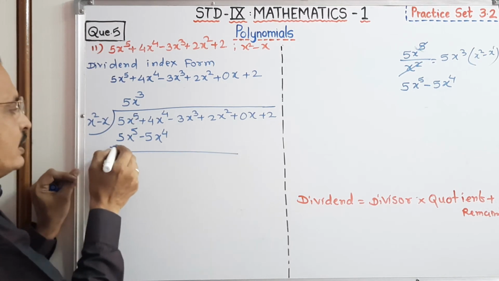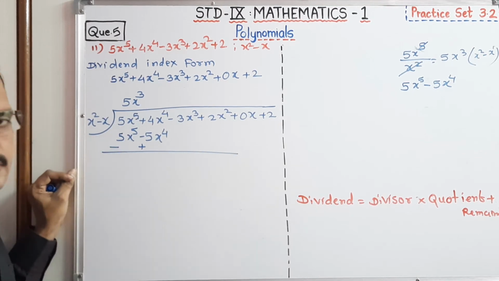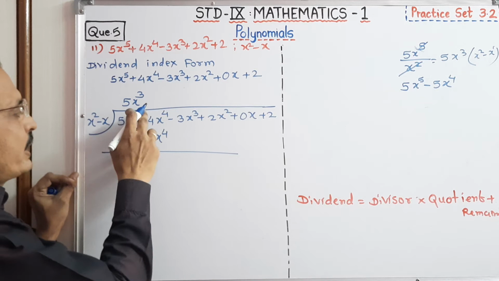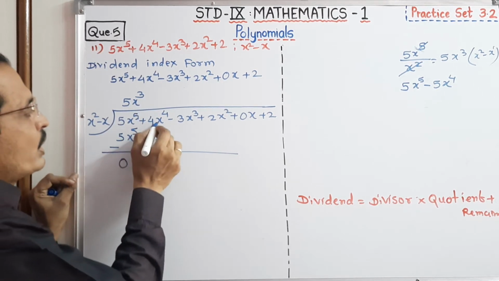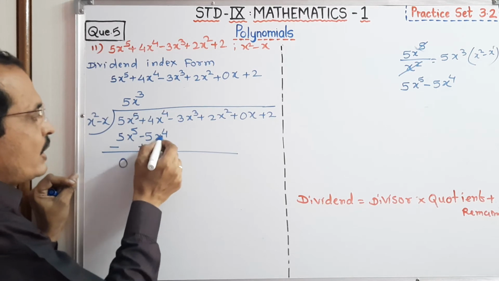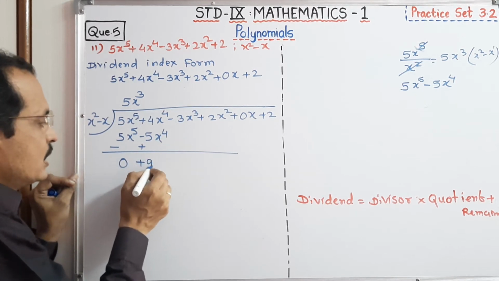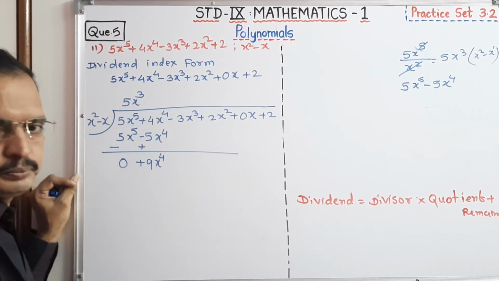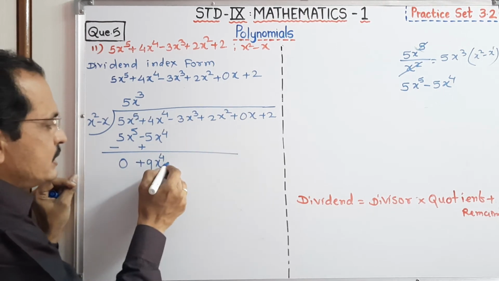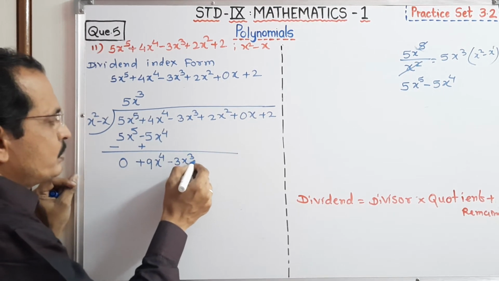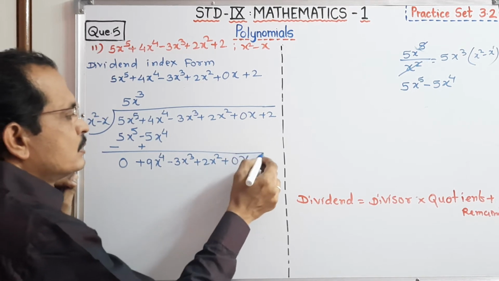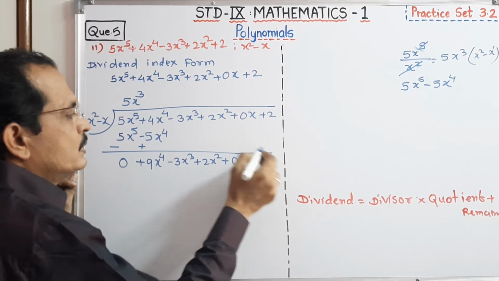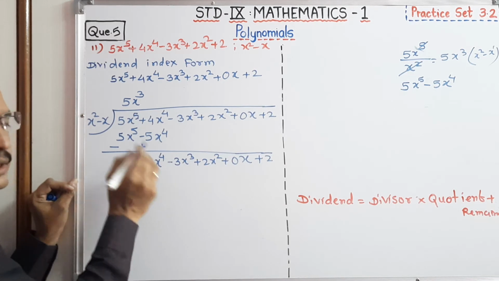Here it is minus and here it is plus. 5x raised to 5 minus 5x raised to 5 is 0. 4x raised to 4 plus 5x raised to 4 is 9x raised to 4. Write down as it is: minus 3x cube plus 2x square plus 0x plus 2. Now 9x raised to 4.